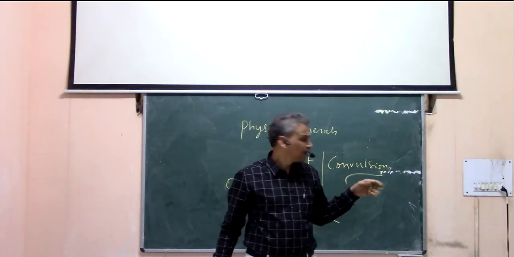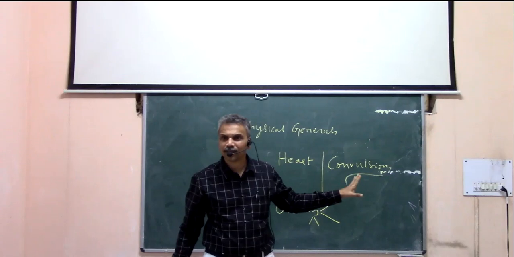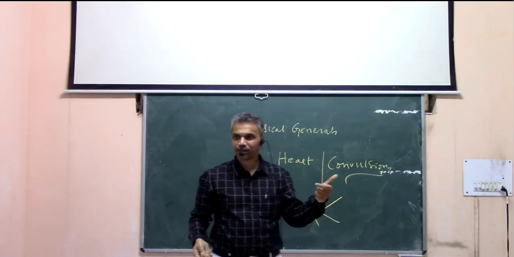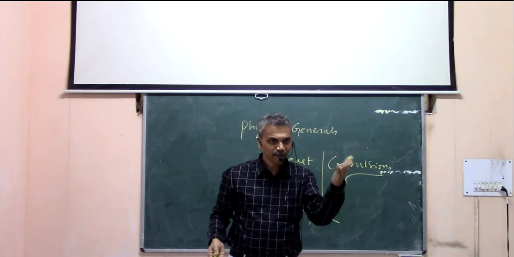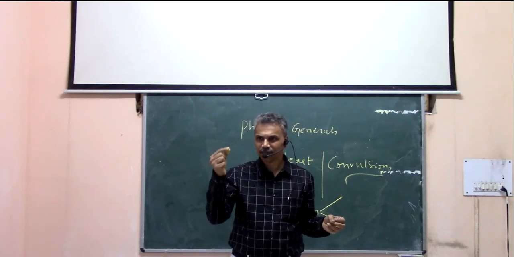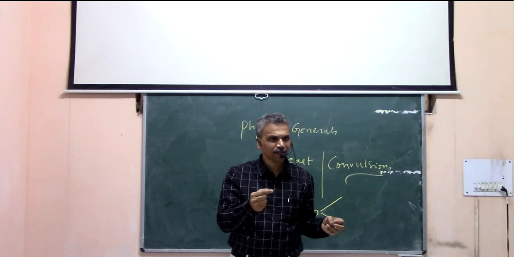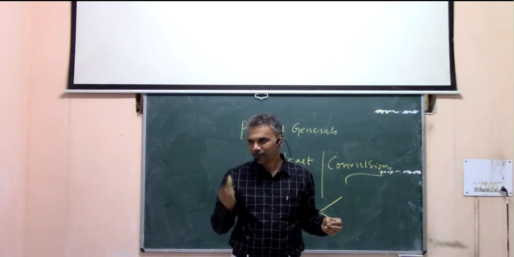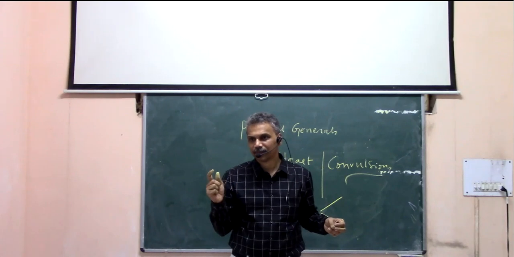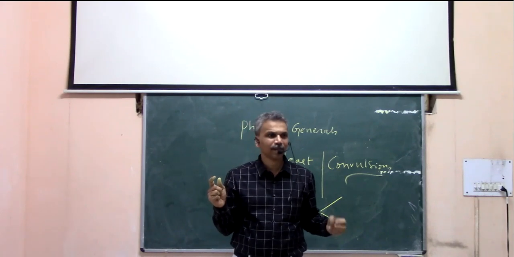Okay. So convulsions, then we spoke of constipation. We spoke of hemorrhages. And which is the remedy which is capable of producing hemorrhage? Platina. And we also understood the character. Dark clotted. Okay.